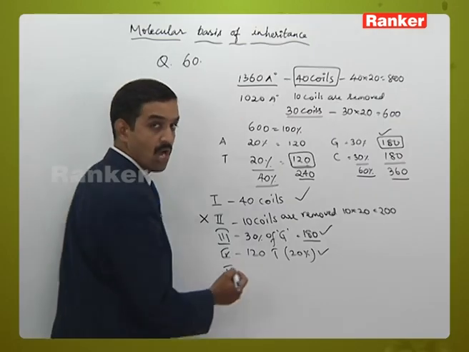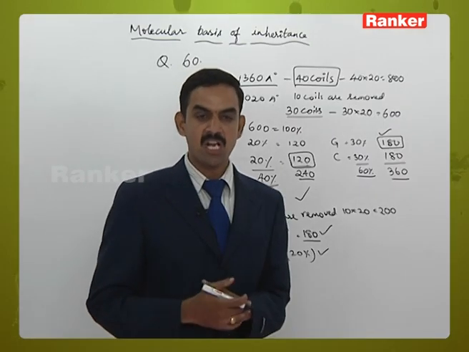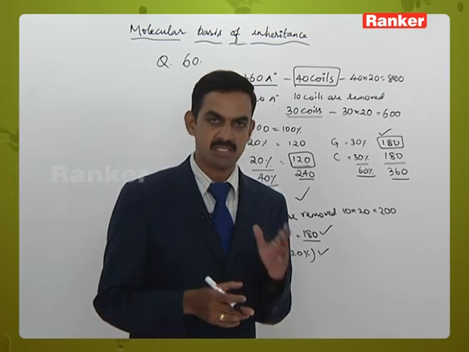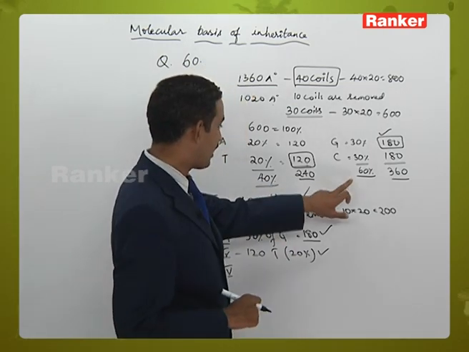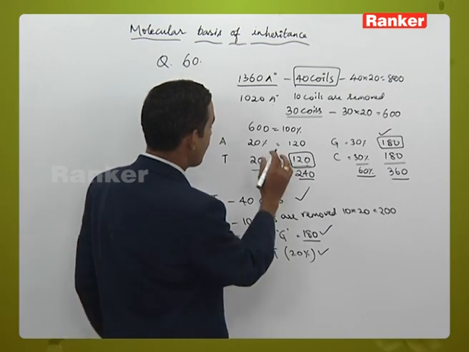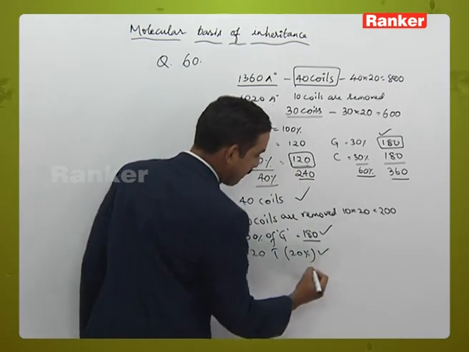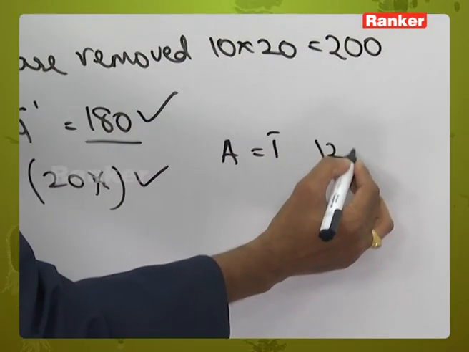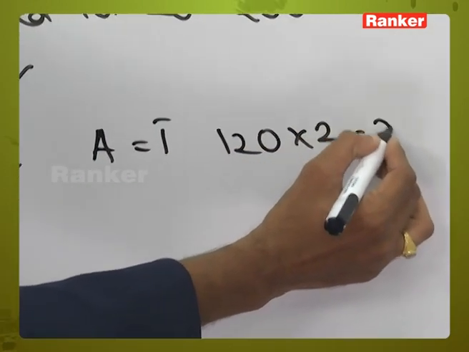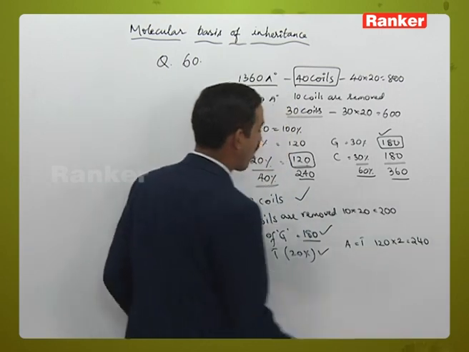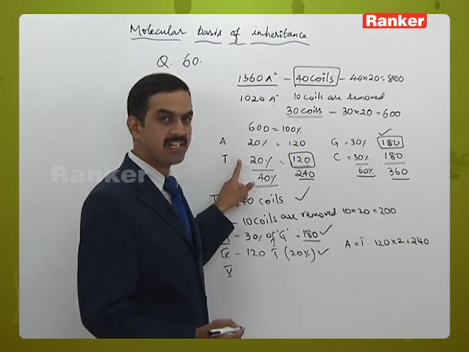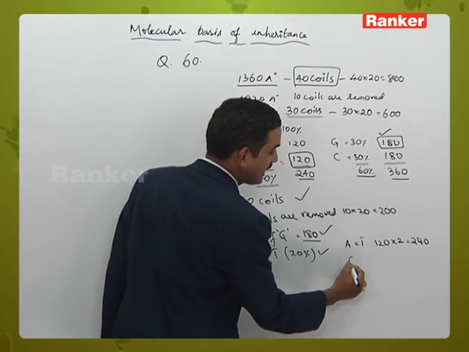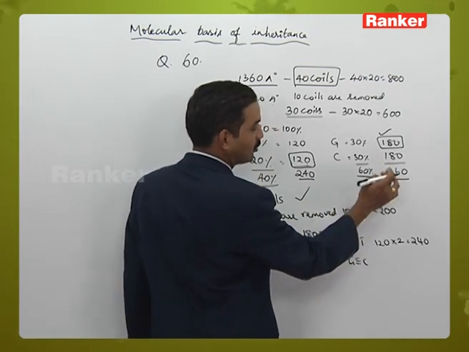Then the fifth one, number of hydrogen bonds present in the experimented molecule. Let us conclude the fifth one. How many AT pairs are there? AT pairs are 120. So 120 into 2 hydrogen bonds comes to 240 hydrogen bonds for 120 pairs of A and T. Then how many GC pairs are there? 180 pairs are present, because the total number is 360.